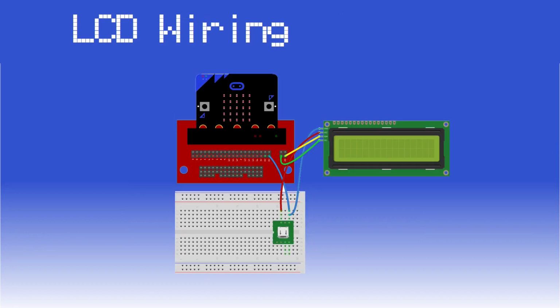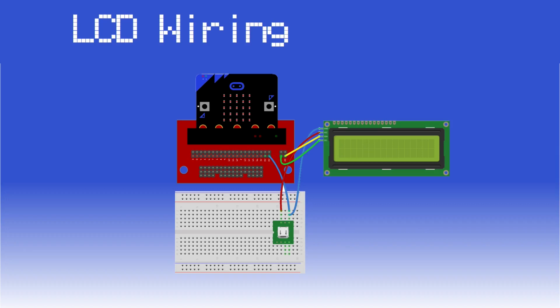To wire it up, you just need to connect the ground of the LCD display I2C adapter to the microbit. The SDA connection goes to pin 20 and the SCL connection goes to pin 19.